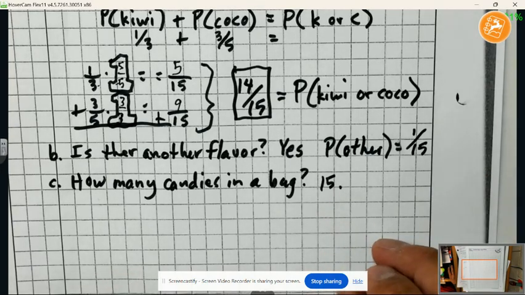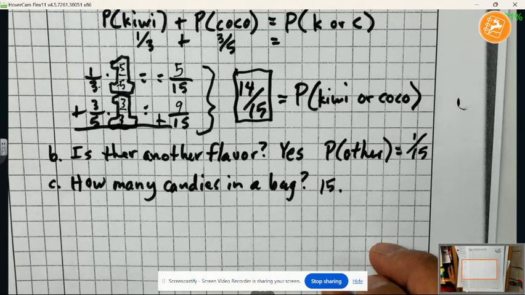Can there be more than 15? Let's think about that.